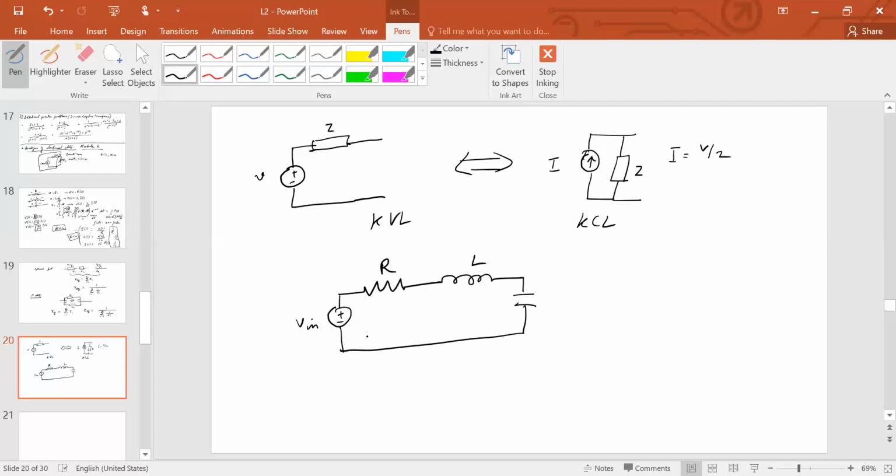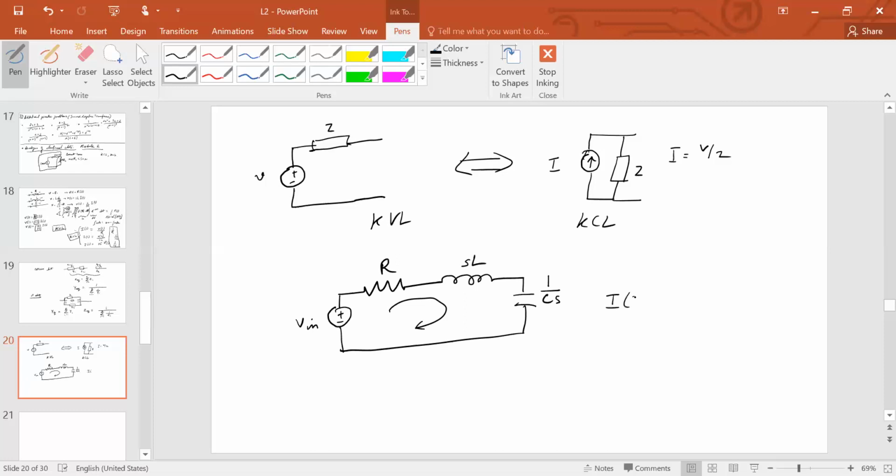Using the ideas that we've just propounded, I can replace this in this fashion, and then writing this equation becomes quite straightforward, isn't it?